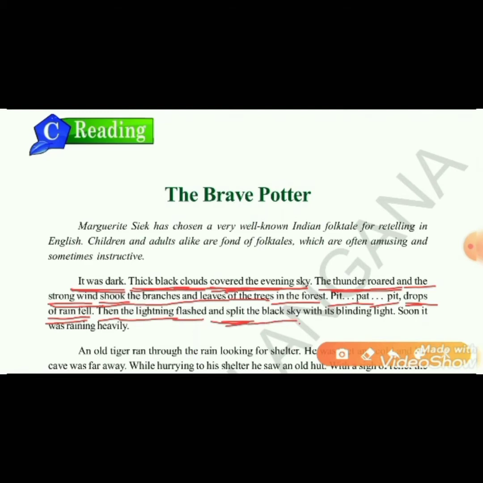Soon it was raining heavily. So how is the situation of the weather? There was thunder, there was lightning, there were black clouds, and it was night time, and the trees were moving as if there is a cyclone, and within no minute there started a heavy rain.